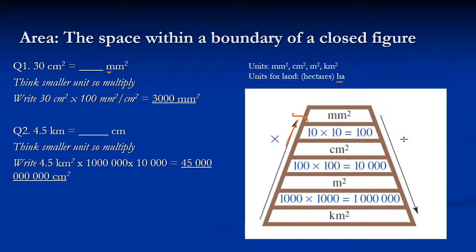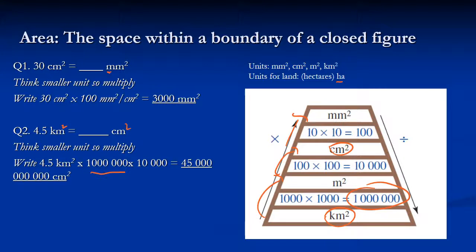If we want to go from 4.5 square kilometers, I didn't put those symbols in, into centimeters squared. So we're going from here up to here. So we just need to think of those conversion factors. So there's 1,000,000 square meters in a square kilometer.